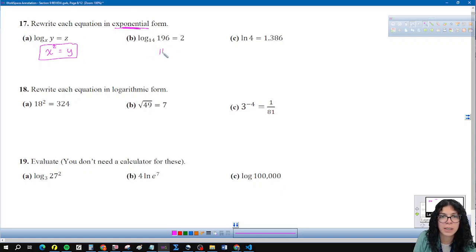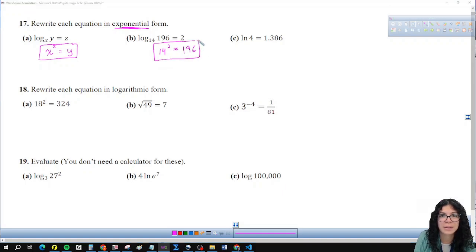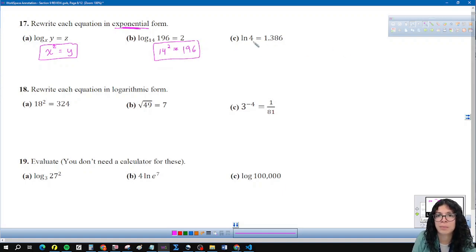Next, 14 to the power 2 equals 196, which we can also confirm, because 14 squared is 196. And then ln, remember, is log with the base e. So if I write it that way, I can clearly tell that the base is e, so the base of the log becomes the base of my exponent, and then I switch the other two, so e to the power 1.386 equals 4.